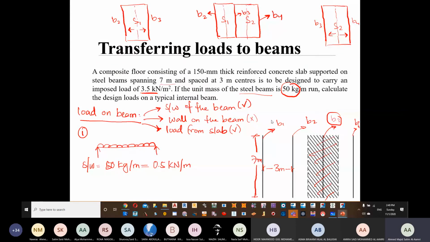Now, did they mention any dead load on the slab in the problem?